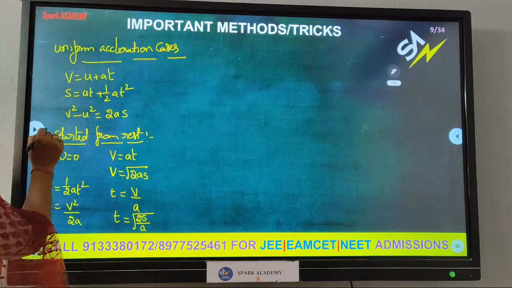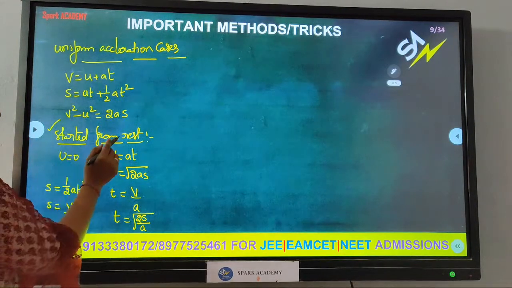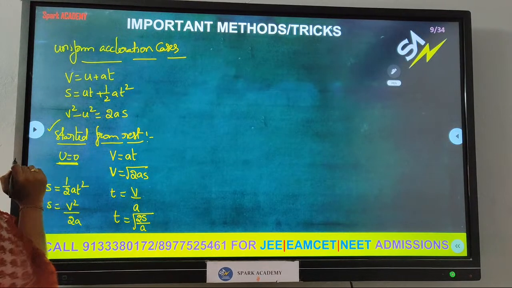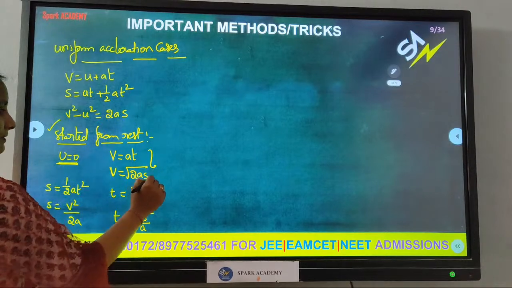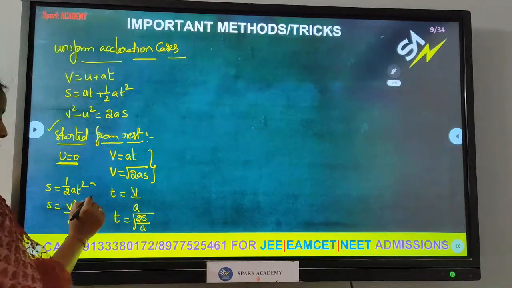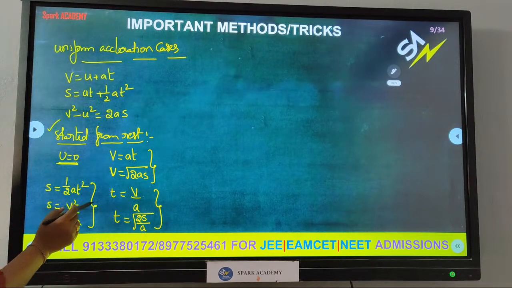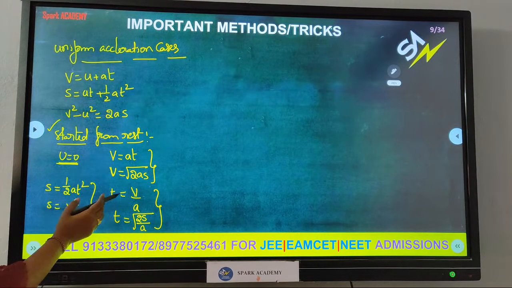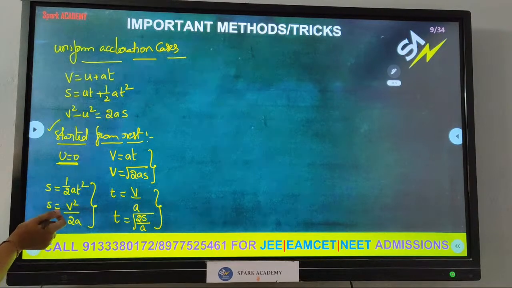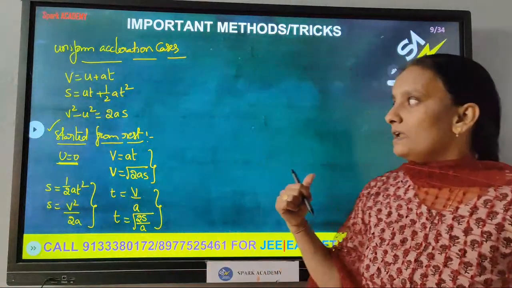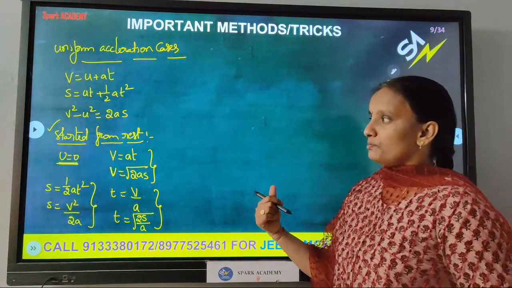If the object started from rest, its initial velocity u is 0. So we have two equations for velocity, two equations for distance, two equations for time. These results are very important to solve the numericals about the free fall object and vertically thrown object.